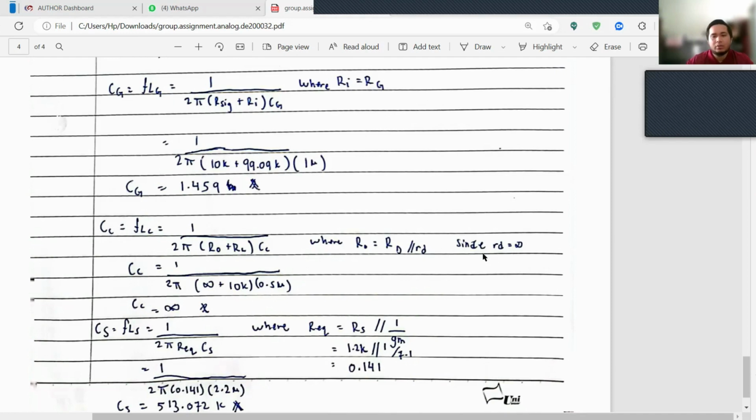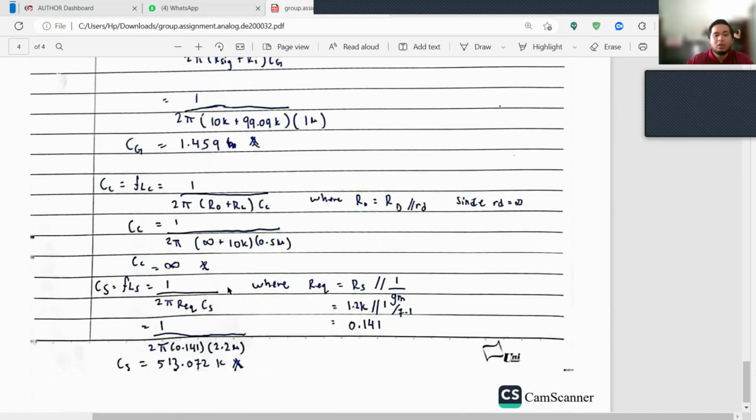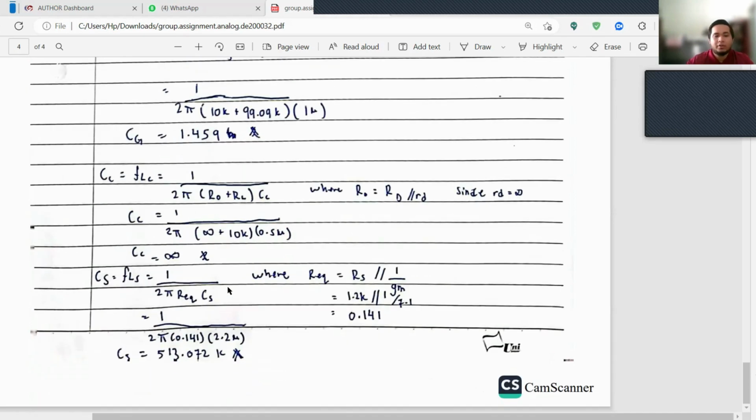Since RD equals infinity, the answer is infinity. For CS, FLS equals 1 over 2 pi Req CS, where Req equals RS parallel with 1 over gm. So the Req value equals 0.141. So plug in the values, and CS we got 513.072.